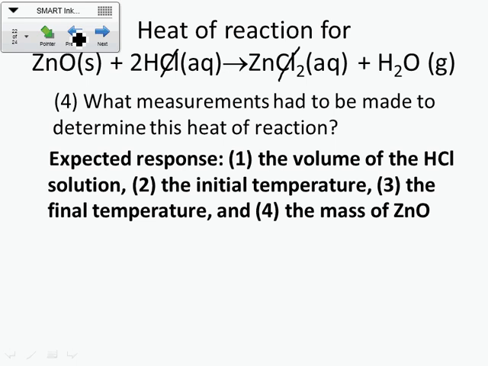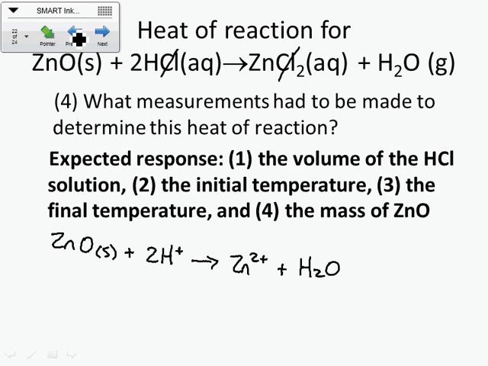And then the net ionic becomes, for this one, zinc oxide plus 2H+ yields Zn2+ plus H2O. Is that balanced? Yep, looks good. And that's what they have written there, right?